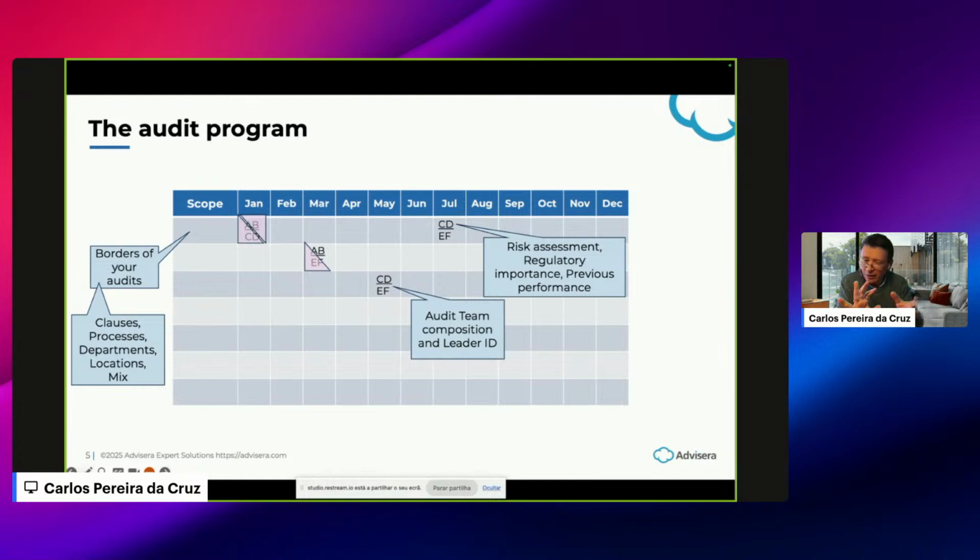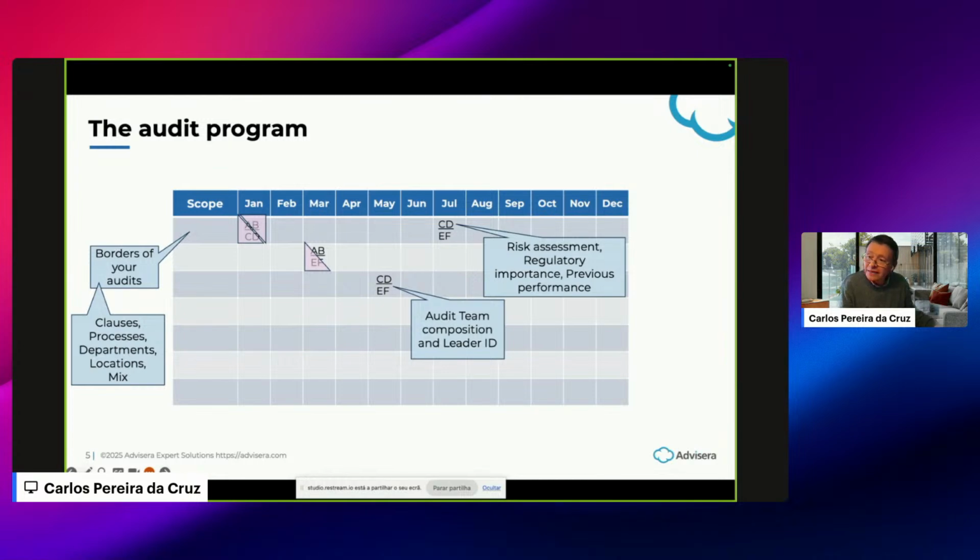However, it also depends on the maturity of your management system. It may be useful to have very focused audits just to check implementation. I will speak about that in a few slides, but when we start, it's important to check the implementation, and later the focus is more on the effectiveness of the audit.